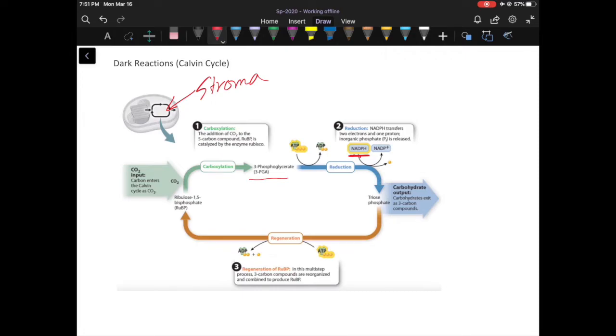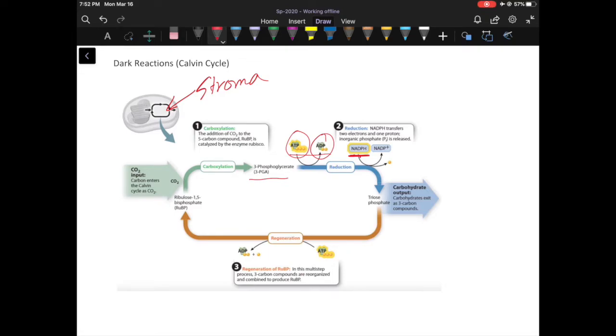So this is where our ATP and NADPH from the light reactions are used. When we go from ATP to ADP, we lose a phosphate. So it goes from adenosine triphosphate to adenosine diphosphate. So that phosphate that we lose is going to be in our 3-PGA molecule now.